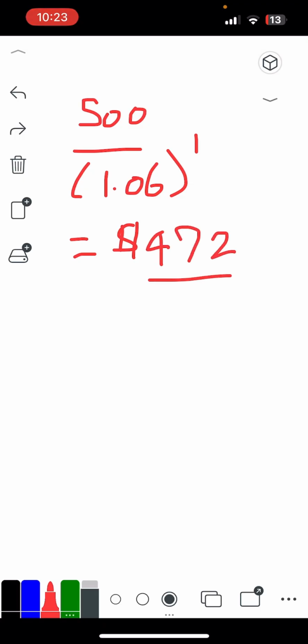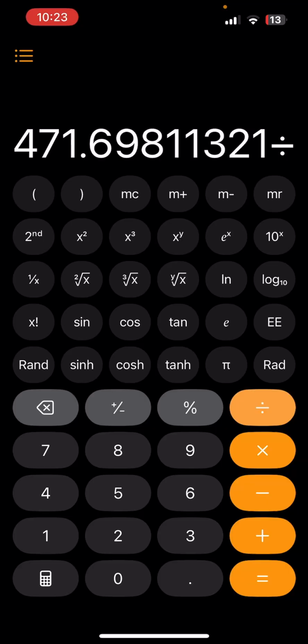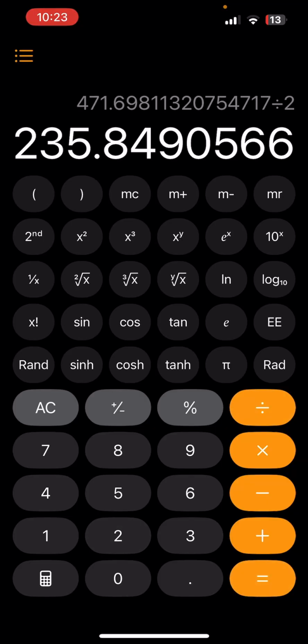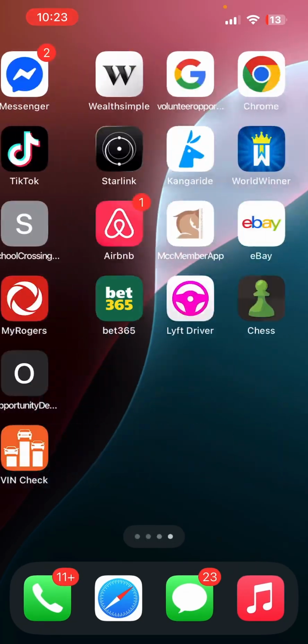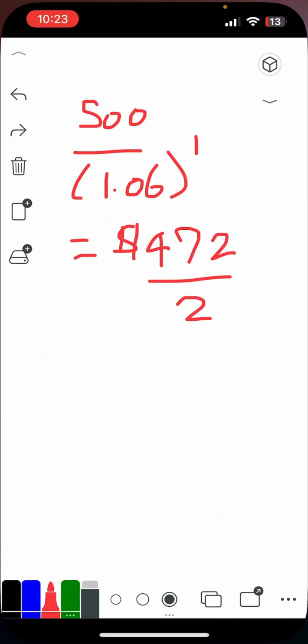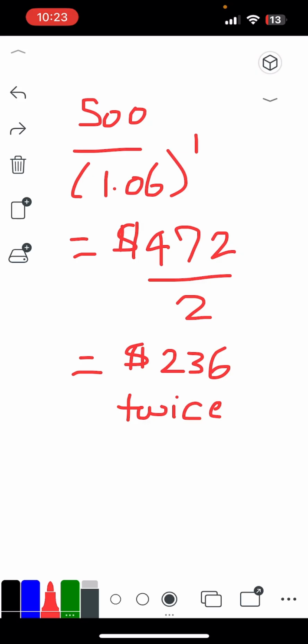So you'll receive 472 divided by 2, which is $236 every 6 months, or twice a year, for the first year, if the payments are made twice a year, which is usually the case.